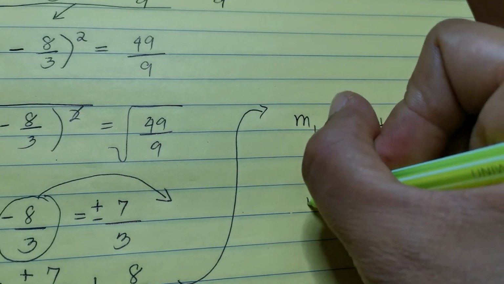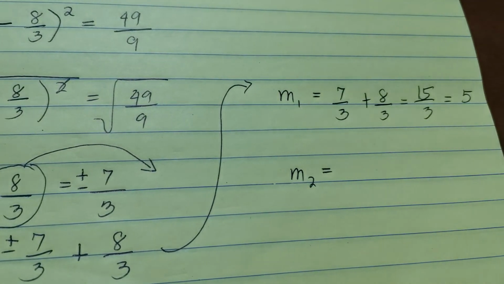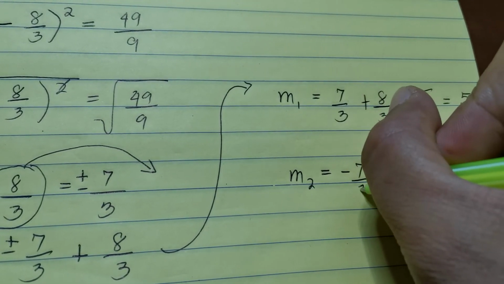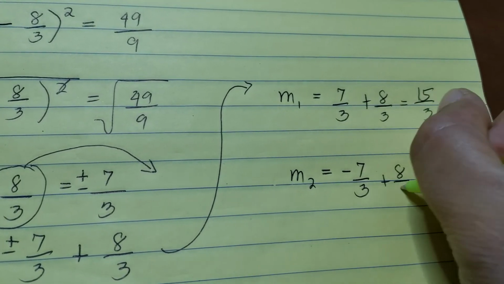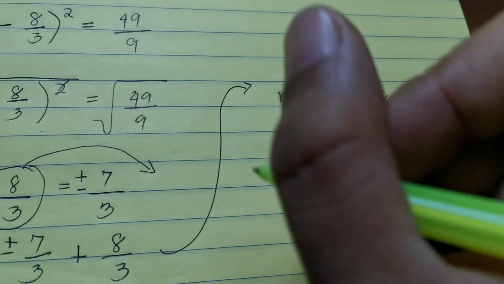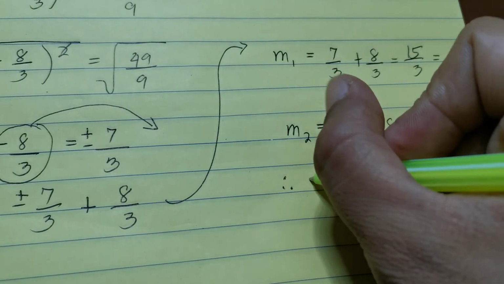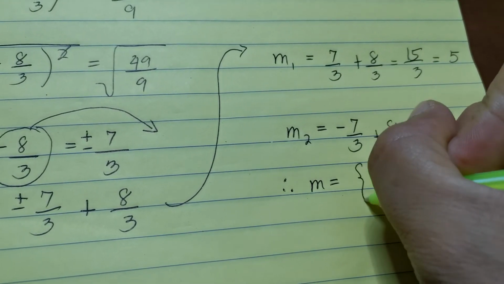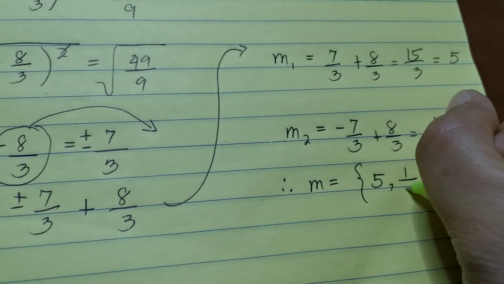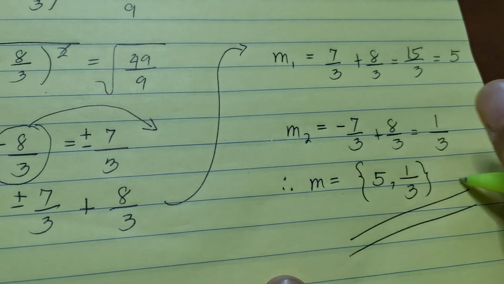And our second solution, or second value for m, is negative 7 over 3 plus 8 over 3. That gives us positive 1/3. Therefore, the solutions for this quadratic equation are 5 and positive 1/3. Okay, as simple as that.